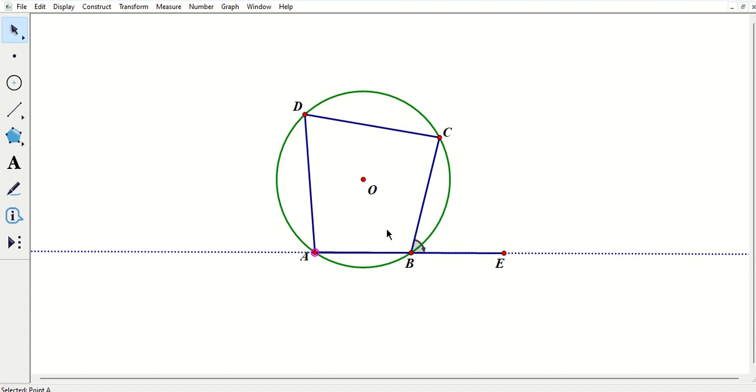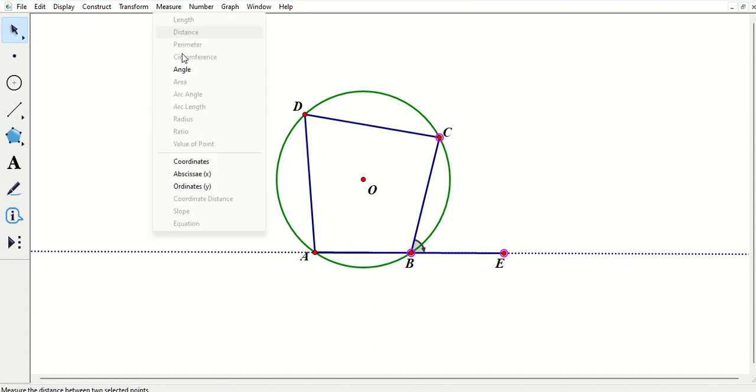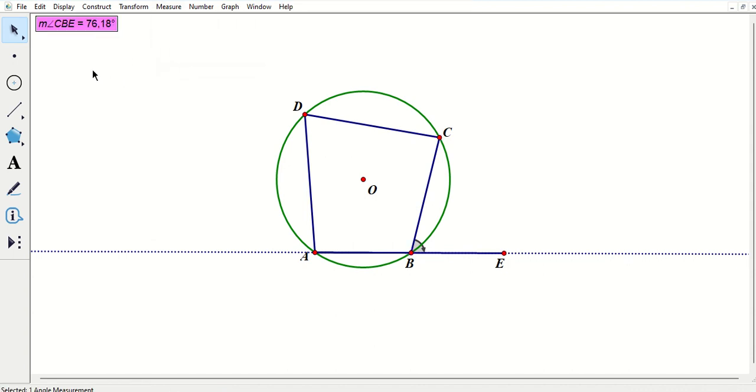Now I want to measure my exterior angle. Let's see, measure. Oh, I didn't select the thing correctly. So I'm measuring the angle CBE. Measure angle.